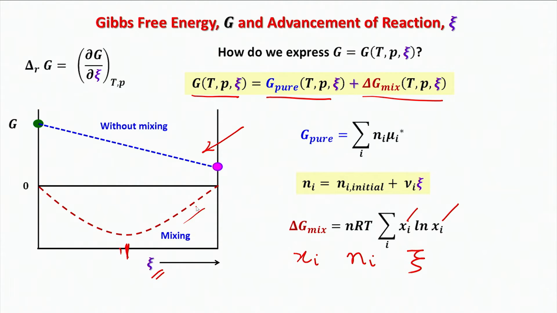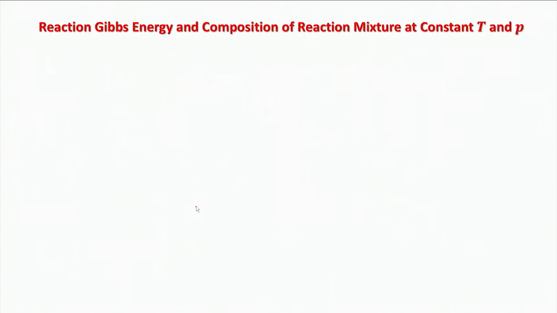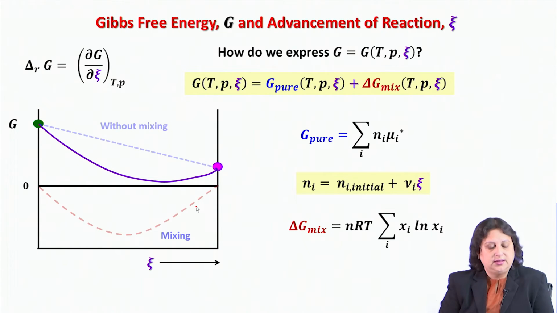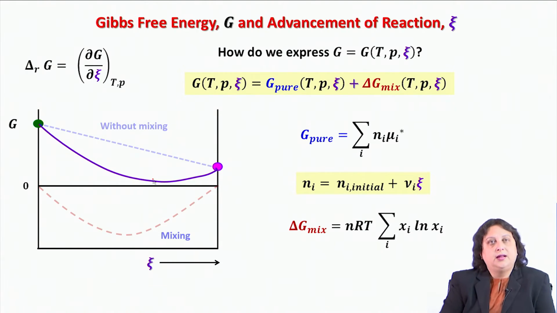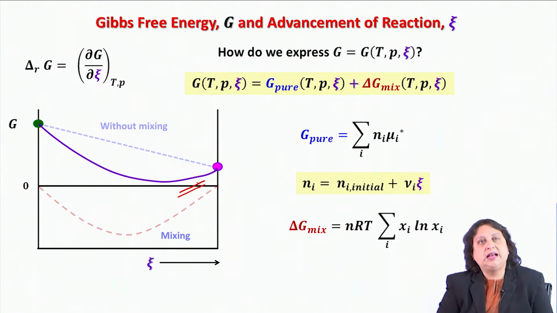And therefore, if I combine these two terms, I'm going to see how G for a given chemical mixture is going to change as a function of xi, and that is going to be something like this. So as you see, once again G as a function of xi is going to show a minimum, and it is also going to show a region where it increases again.